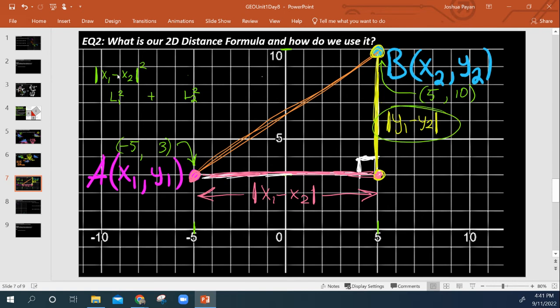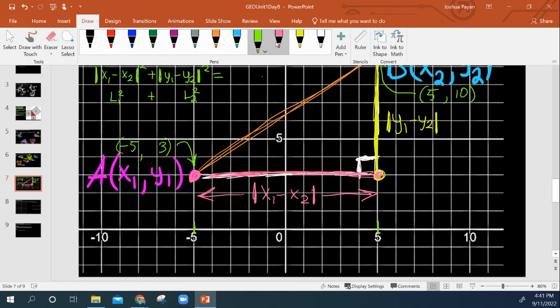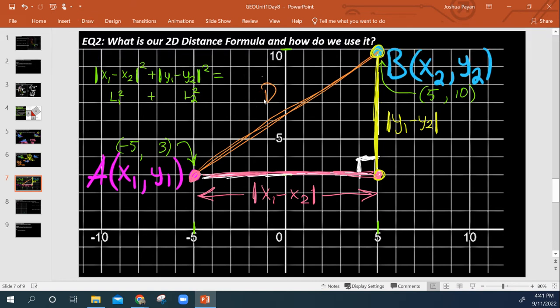Well, this would be our second leg, our distance here in y, right? So plus our distance in y is equal to, and here in orange, I can call this our two-dimensional distance from point A to point B.